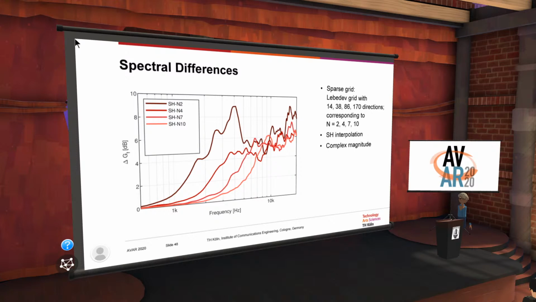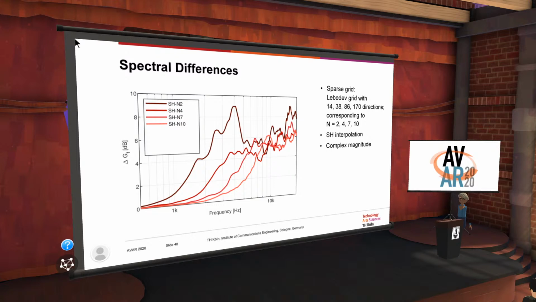In the next step, we look at some spectral differences over frequency. So the x-axis is the frequency, the y-axis is the spectral differences, and it's averaged over all sound incidence directions. We create sound incidence on a very dense grid, based on sparse grids with 14, 38, 86, 170 directions, and they are plotted with four different variants of red here.